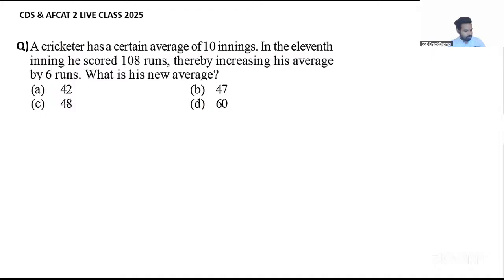Next question is, a cricketer has a certain average for 10 innings. In the 11th inning, he scores 108 runs, thereby increasing his average by 6 runs. What is his new average? So we need to find his new average. Suppose his old average was x.